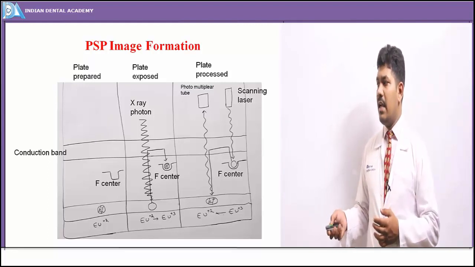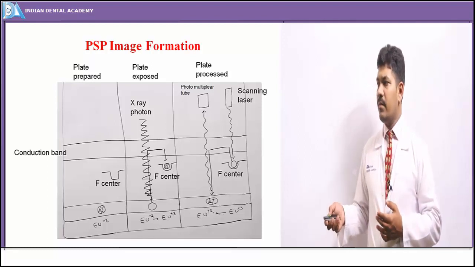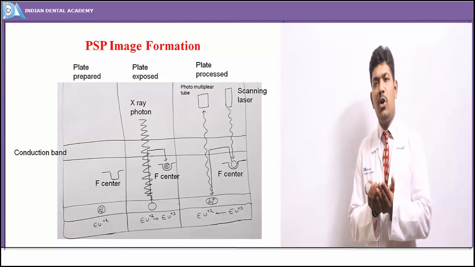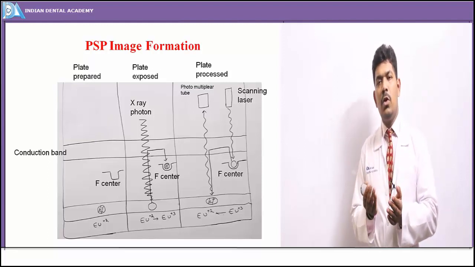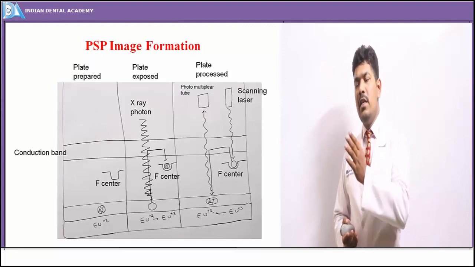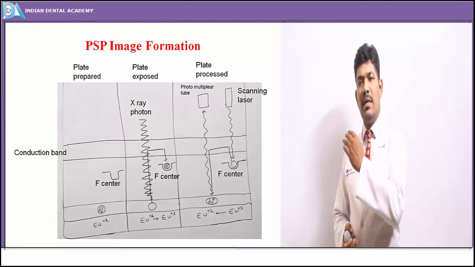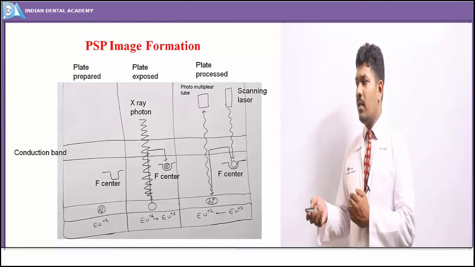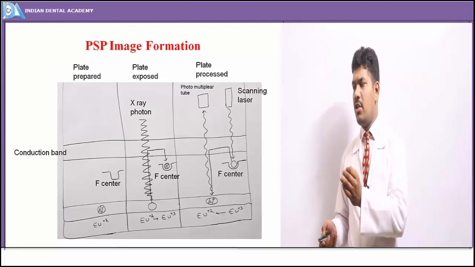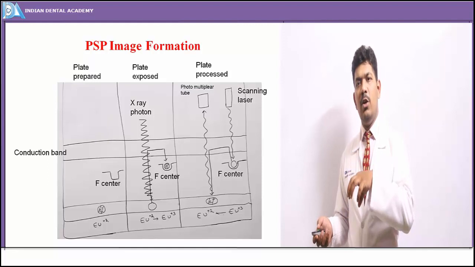Now this electron jumps into the conduction band, into an epicenter, which is a kind of electronic well, a temporary storehouse for the electrons released from the europium base. Since it is a semiconductor that is used over here, the electron directly jumps into the conduction band, into the epicenter, and is stored temporarily over there.